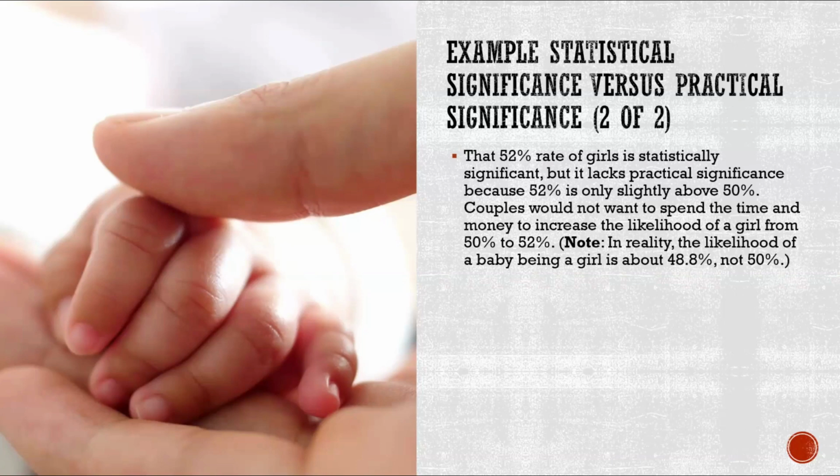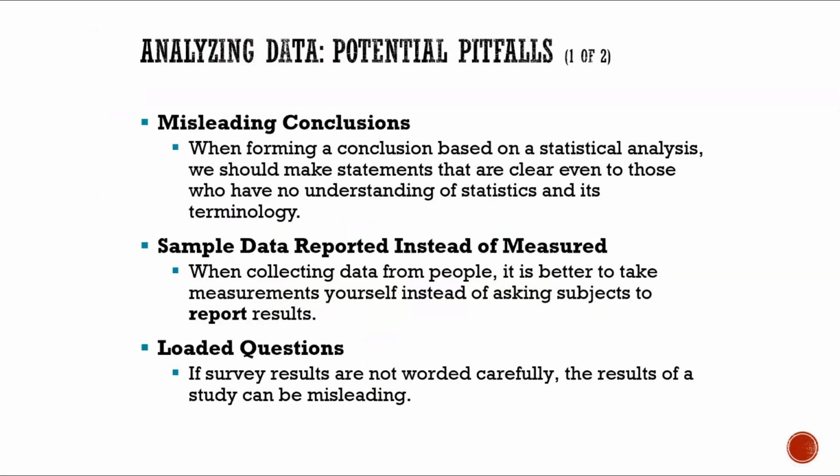We're sure it increased from 50 to 52, but that is not a big enough difference that we care about it. So this is statistically significant, but not practically significant. We all following? Okay. Getting enough head nods, glad to see that. Pitfalls, making misleading conclusions.